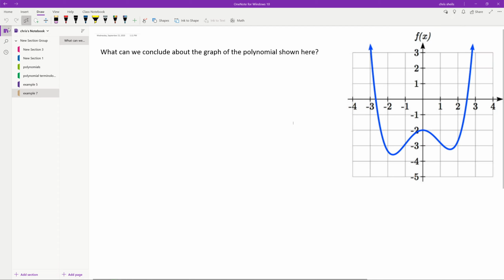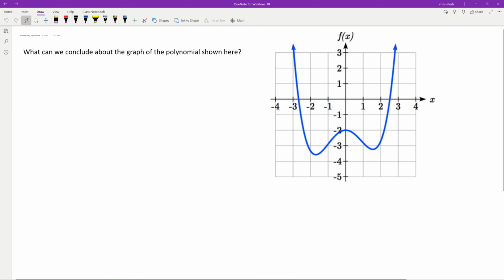So now, let's look at our last example. What can we conclude about the graph of the polynomial shown here? This is a rather vague question, but maybe first we'll talk about long-run behavior.